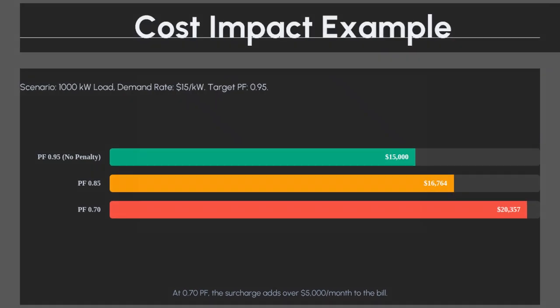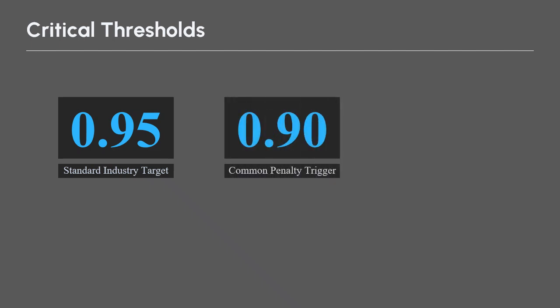Critical thresholds. To avoid these escalating costs, you must monitor three critical numbers. 0.95 is the standard industry target and usually the point at which penalties cease. 0.90 is a very common minimum threshold.